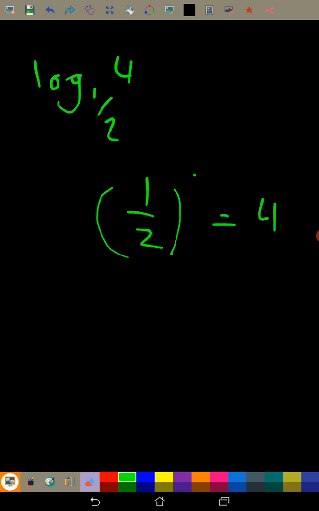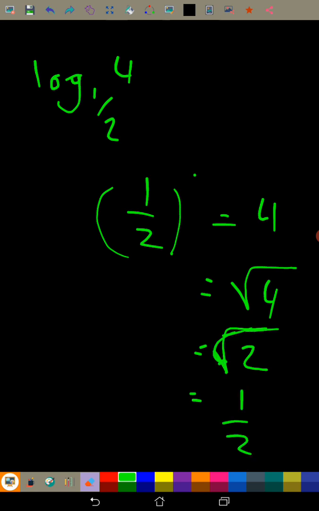It's getting tougher, yeah. I think that if we root 4, we'll get 2. If we root 2, what will we get? Anyway, we don't have to root it further, but we have to inverse it.